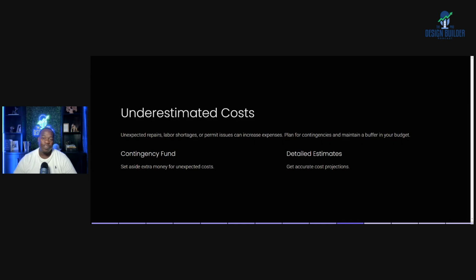You have to know and expect on each property that there's going to be some item that warrants using a contingency fund. Detailed estimates, get accurate cost projections. We're going to do that on the front side. I'm going to stress that because I know it has bitten me before, and I will make sure that you're prepared in doing so.